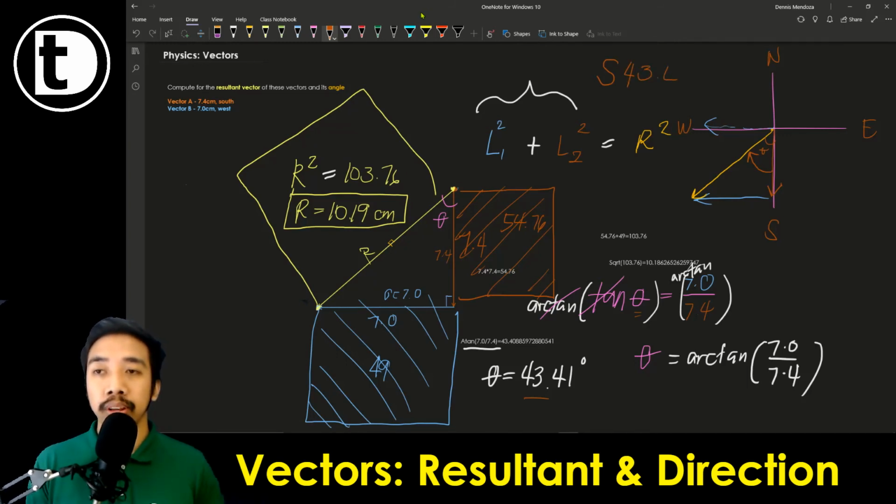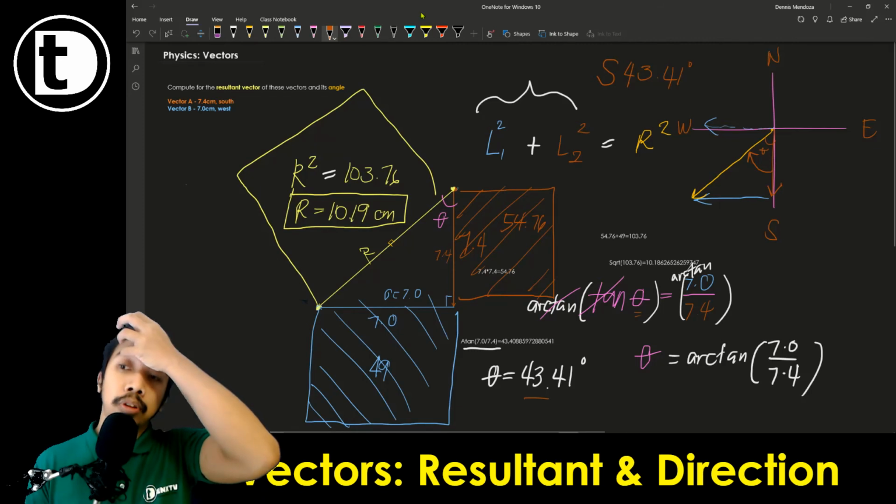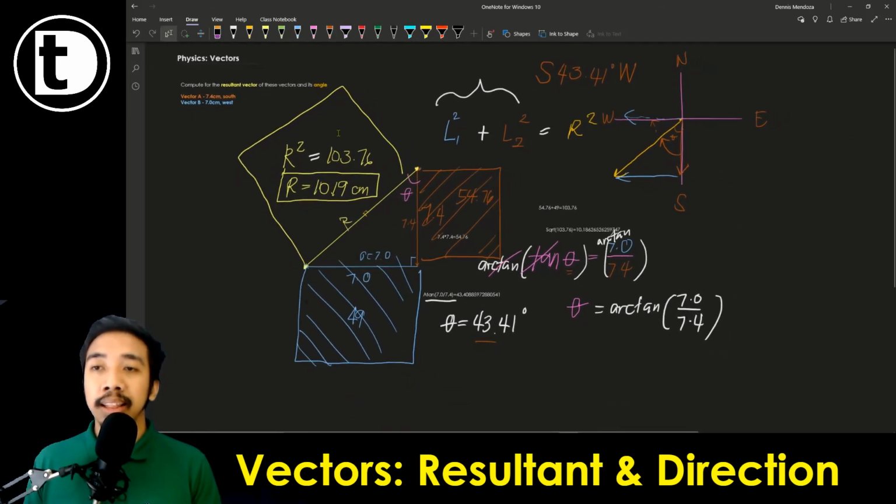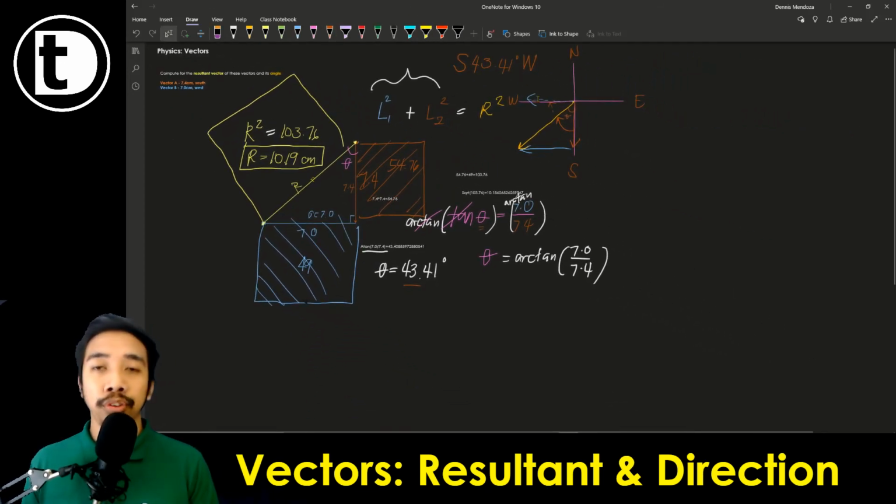43.41 degrees. Since it is going to the west, as you can see here, from south going to west, you can just write W here. So you can write S 43.41 degrees W. Or if you want, we can rewrite this with the word "of".